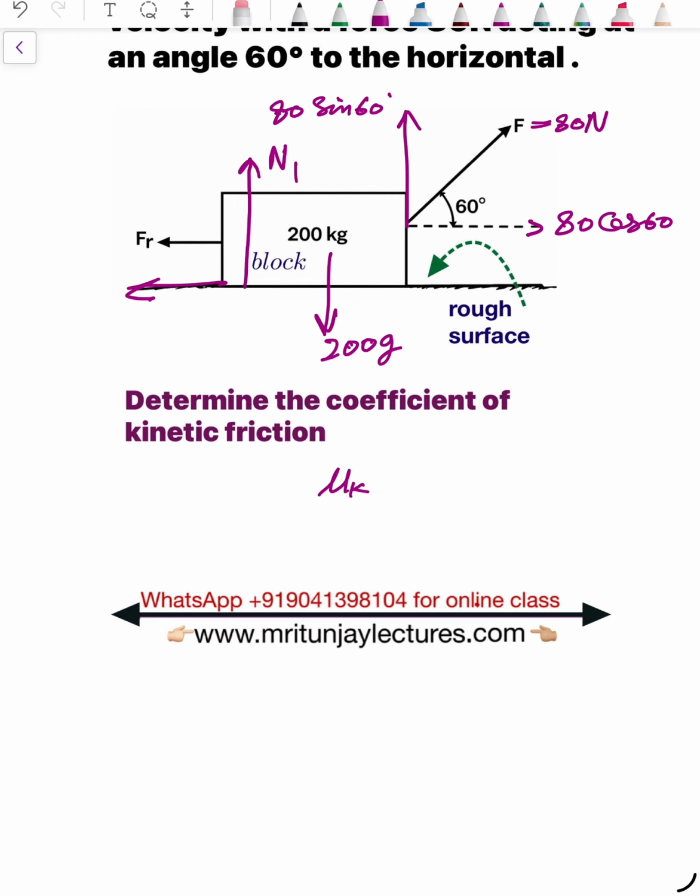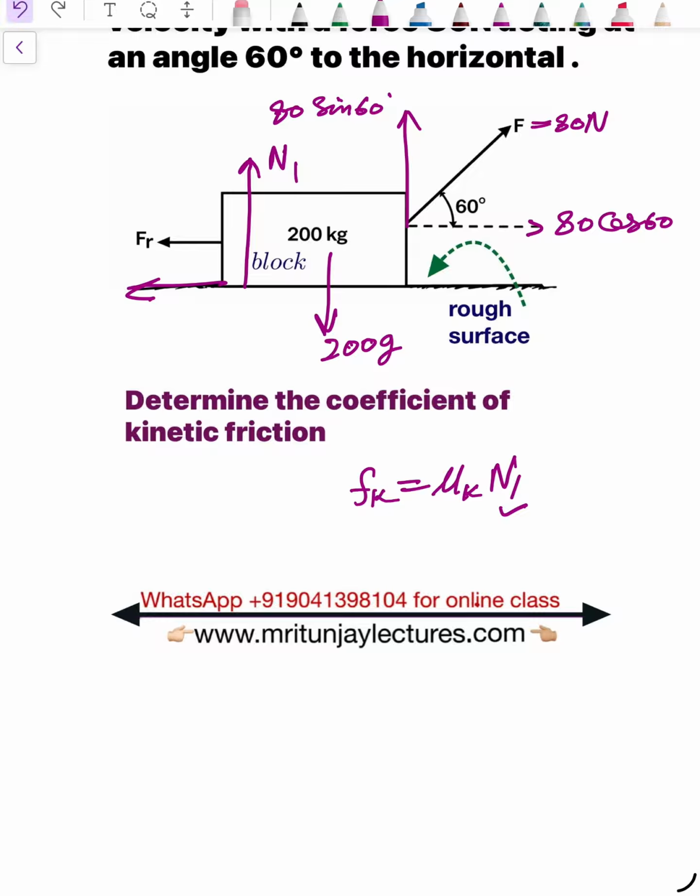If you are targeting mu k, it means Fk is equal to mu k into N1. Clear?